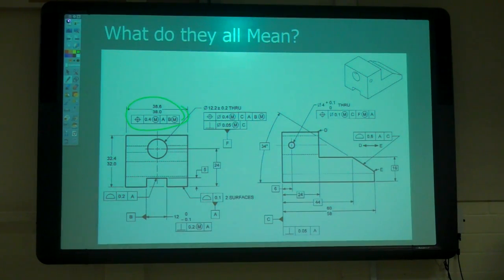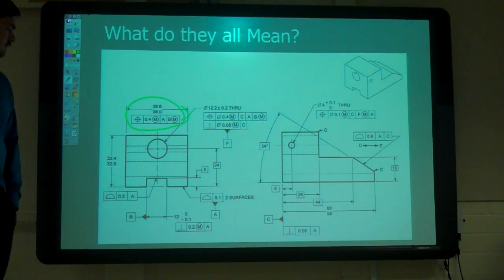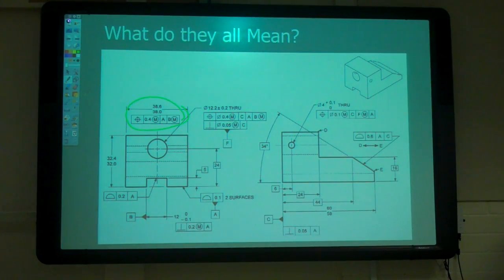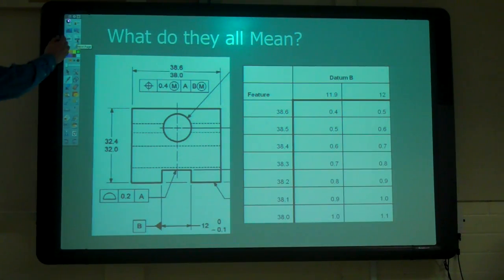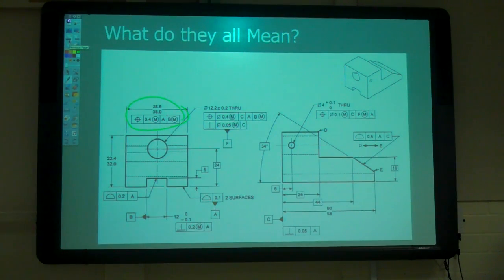Okay, it says that position is at 0.4 maximum, and B is at maximum too, but not A. So what is this telling us? What are we talking about? So let me go back here. Or I should answer it. So what is this telling us?